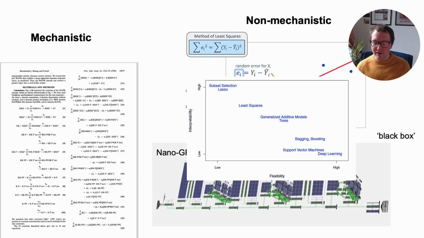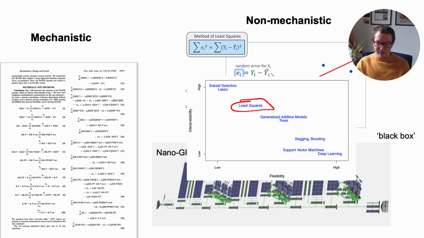If you're interested in this kind of thing, a book I'd highly recommend is called Introduction to Statistical Learning. It covers these traditional non-mechanistic models like least squares regression, and does also go all the way to deep learning. You can see my cursor here, this is the linear regression model.